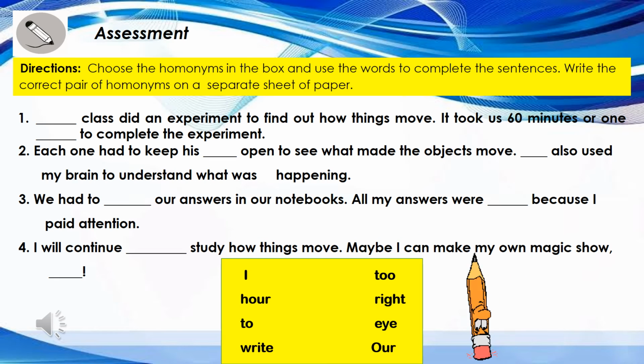Now, to test your understanding, kindly get a sheet of paper and answer the sentences 1 to 4. Now, what are we going to do? Choose the homonyms in the box and use the words to complete the sentences. So you are given 10 minutes to answer. Start now.